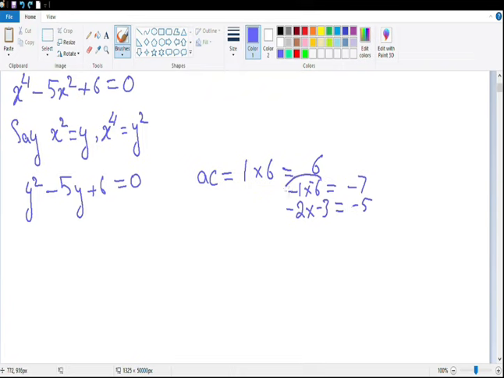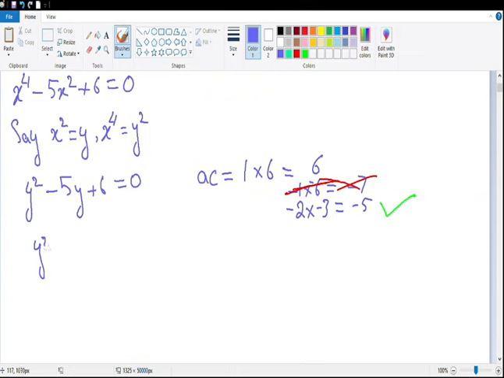Though both of these factor pairs have a product of positive 6, only the sum of the second is 5. So the first one isn't going to be used, while the second one is. Okay, so let's put those values here.